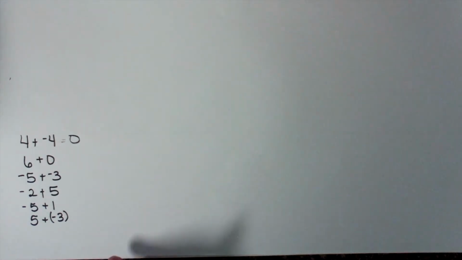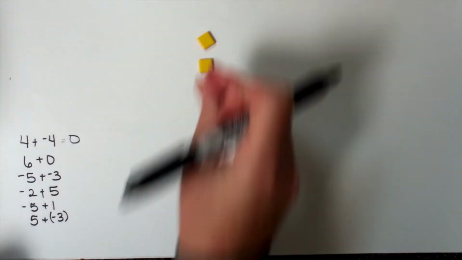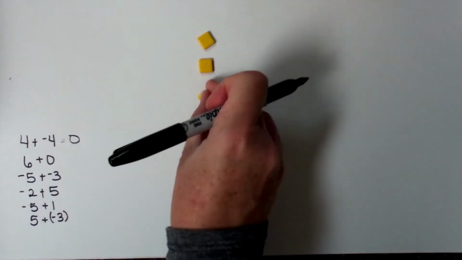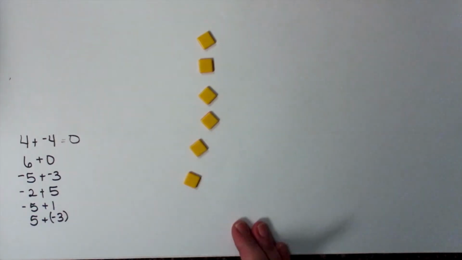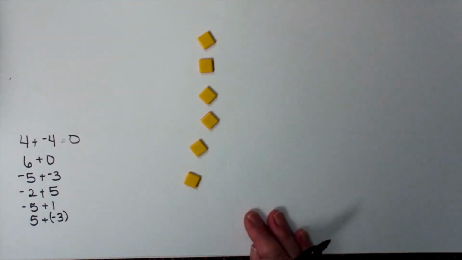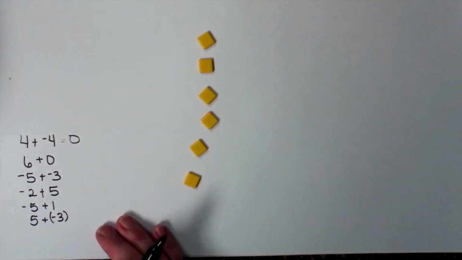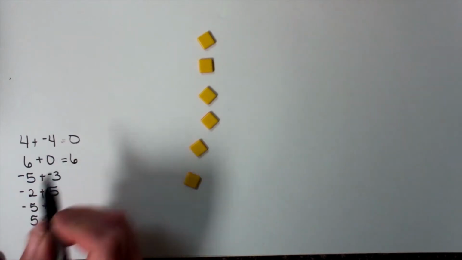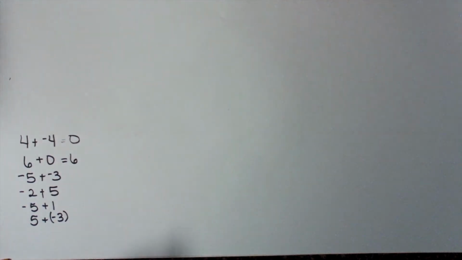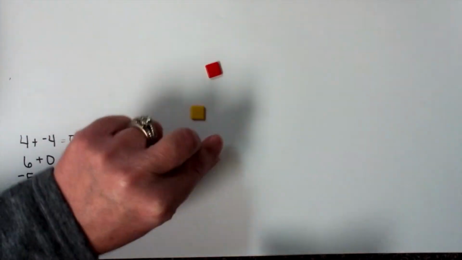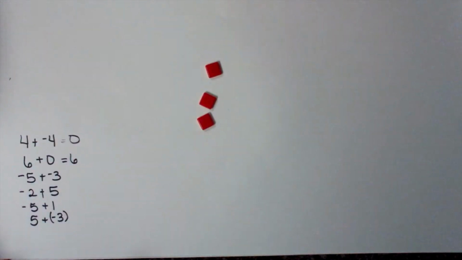Now, the next one, I have positive 6. And I'm adding 0. If I added 0 here, this is all I have, then my answer is 6. They know that one. They've probably built that one since the time they were in first grade. The next one, negative 5 plus negative 3.